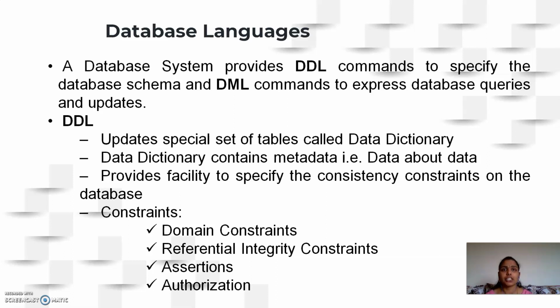So these authorization checks were also performed by the DDL commands earlier, but now these authorization checks are classified into another set of commands called DCL, which is called data control language. But earlier the DCL data control language was also included in the DDL commands only.